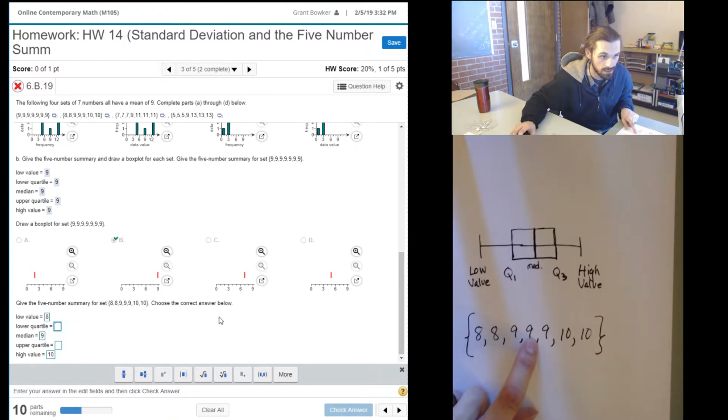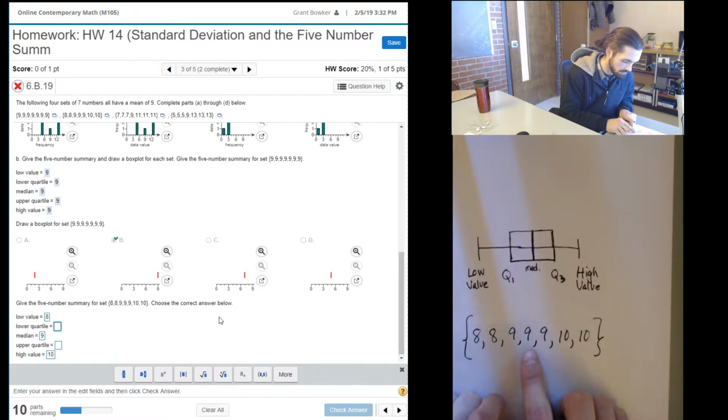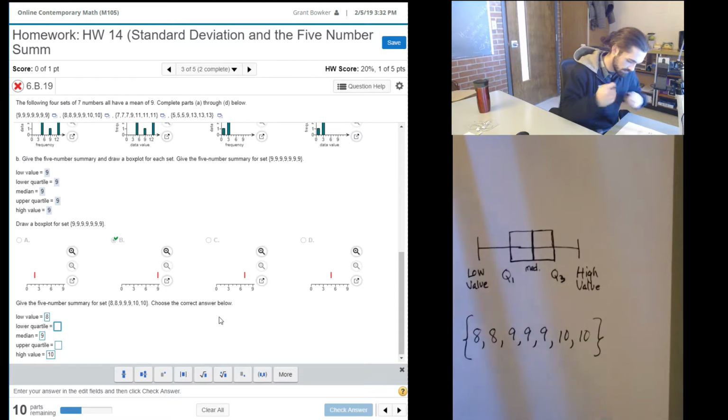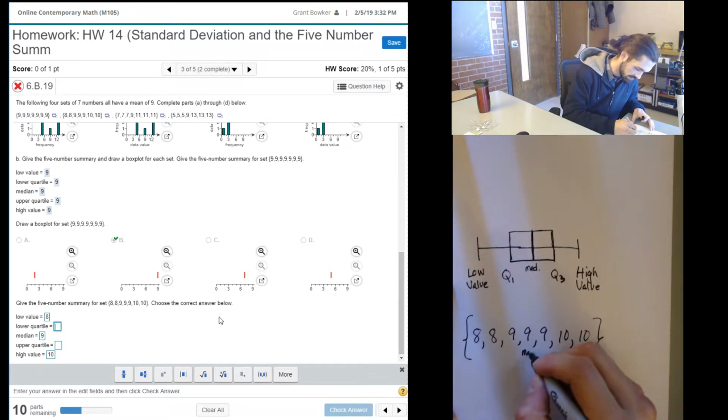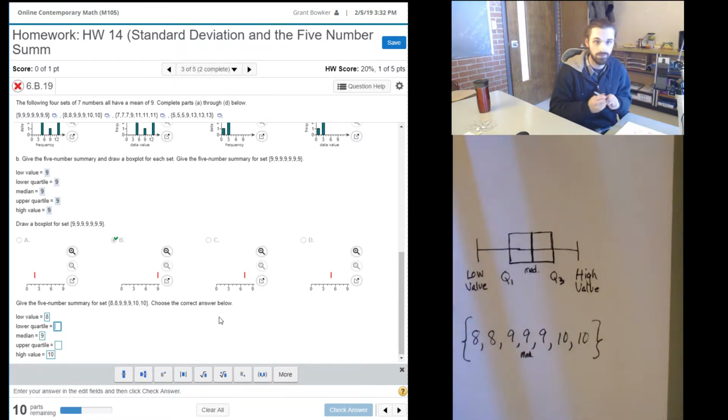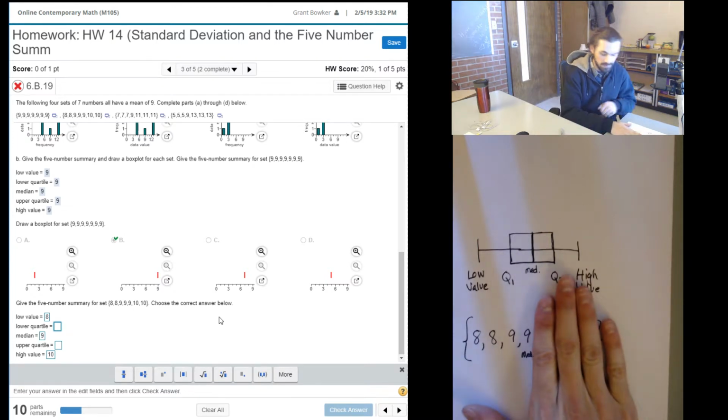The lower quartile is going to be the middle value of your bottom half. So here's the median, or the middle value. And we only want to concern ourselves with the bottom half and ask ourselves, what is the middle value?